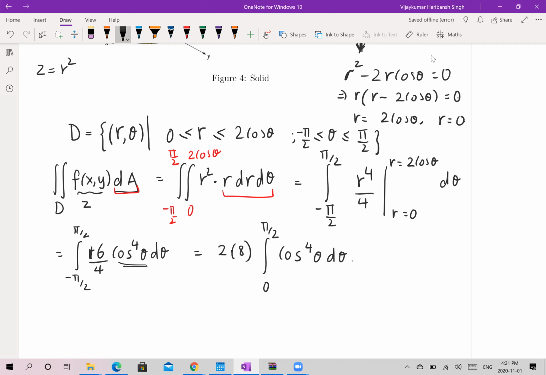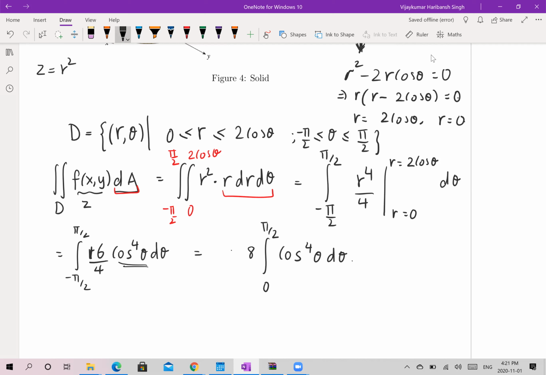Now we would like to integrate this. So for that we have double angle formulas. So this is going to be 16 by 2, which is 8, so it's going to be 8 times this guy.